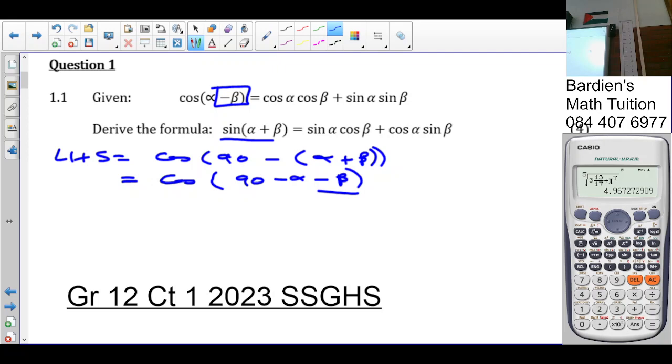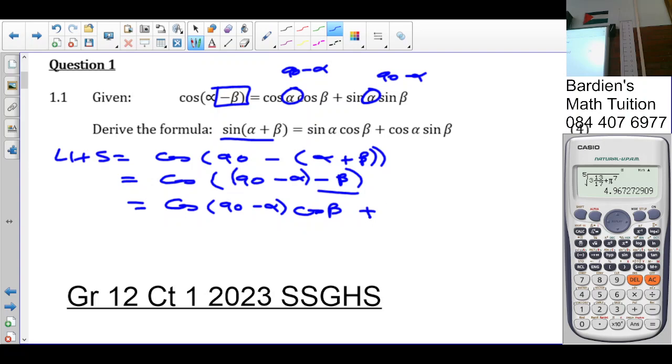Wherever I see alpha, I'm going to put 90 minus alpha. So in other words, we have cos of 90 minus alpha, cos of beta, plus sine of 90 minus alpha, sine of beta.